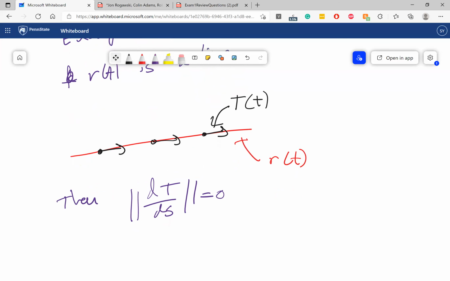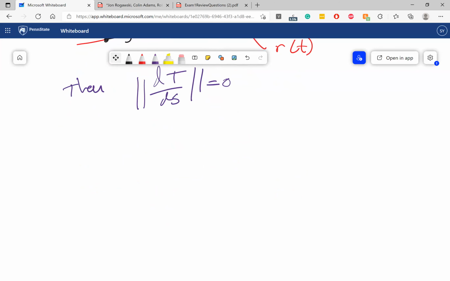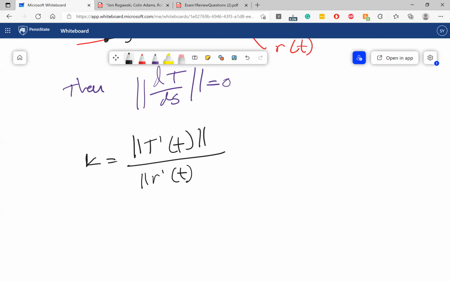So there are two formulas that are going to help us determine curvature, and we can use either one of them. The first one is going to be the magnitude of T prime of t, so the derivative of the unit tangent vector, over the magnitude of R prime of t.